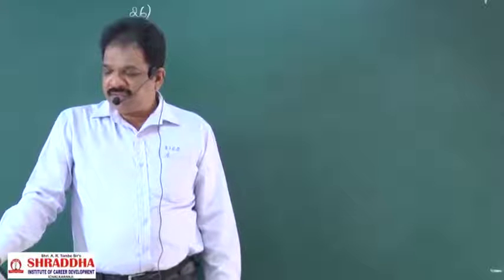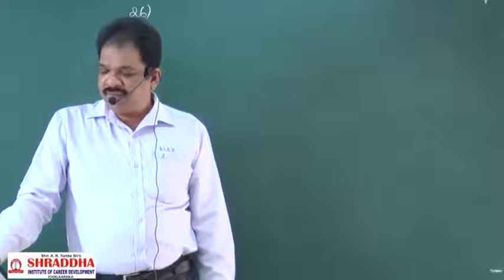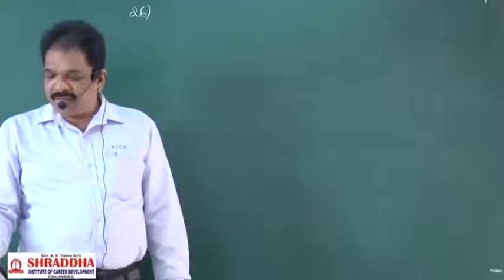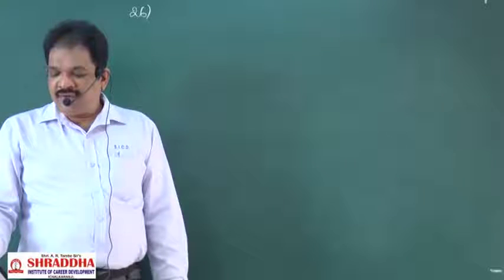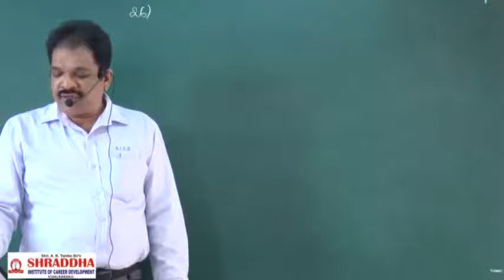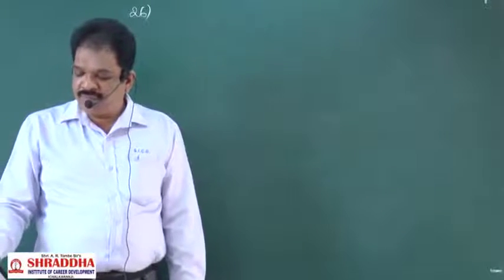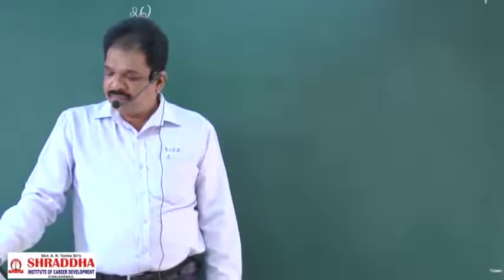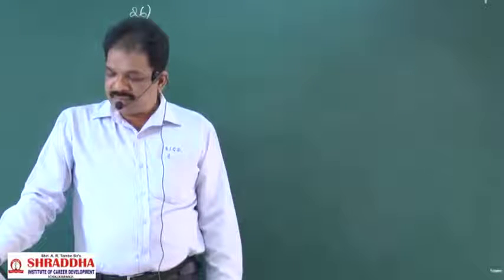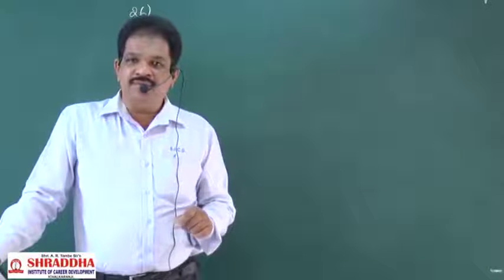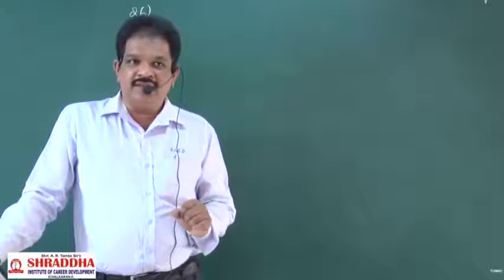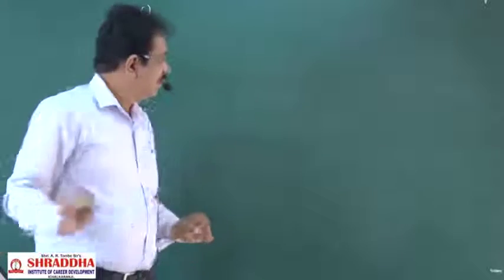What is the maximum possible error in the value of effective length of the pendulum? Okay. So, listen. What is meant by simple pendulum? What is its length? We will do that first.